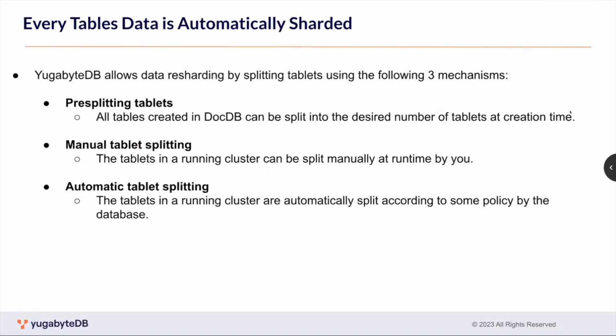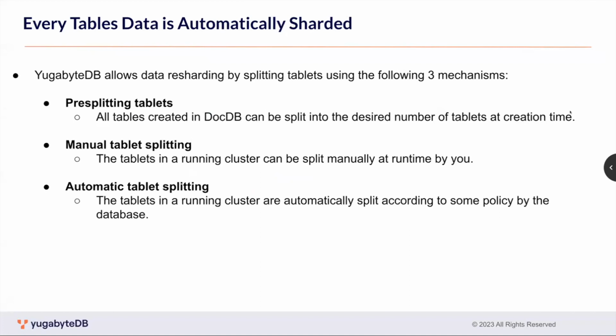But again, YugabyteDB allows you to reshard those tablets using 3 mechanisms. The first one is pre-splitting tablets. Basically, when you create your table, at creation time, you can specify the number of tablets or splits you want.